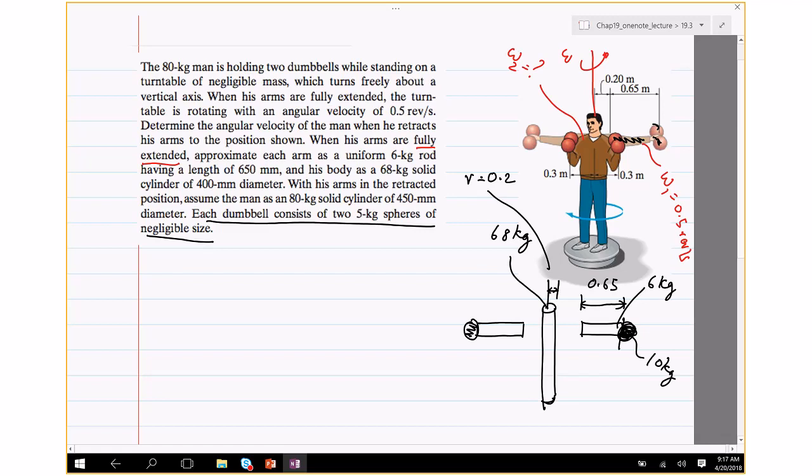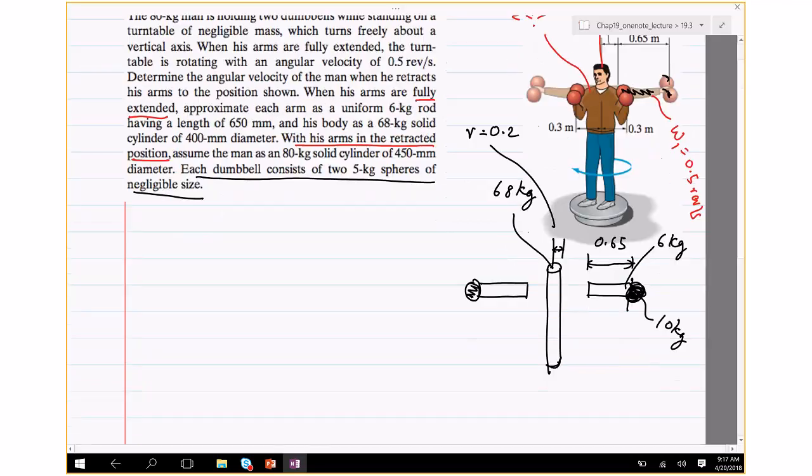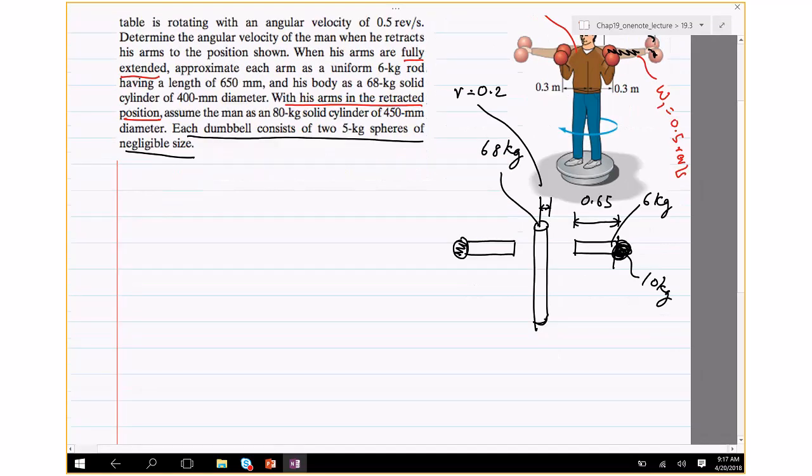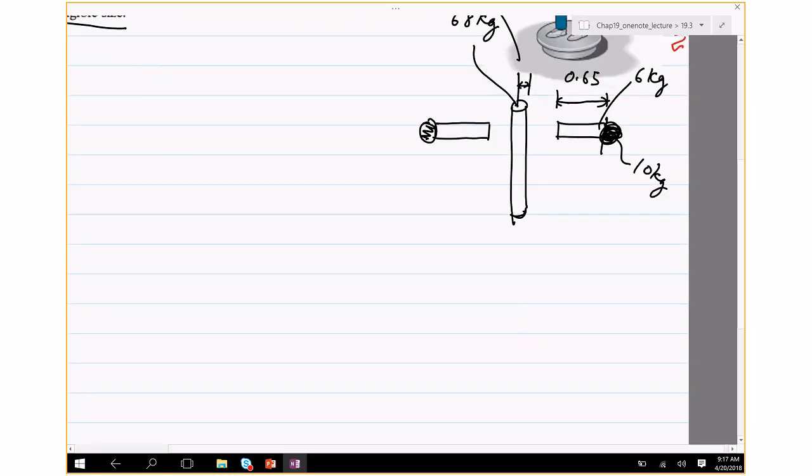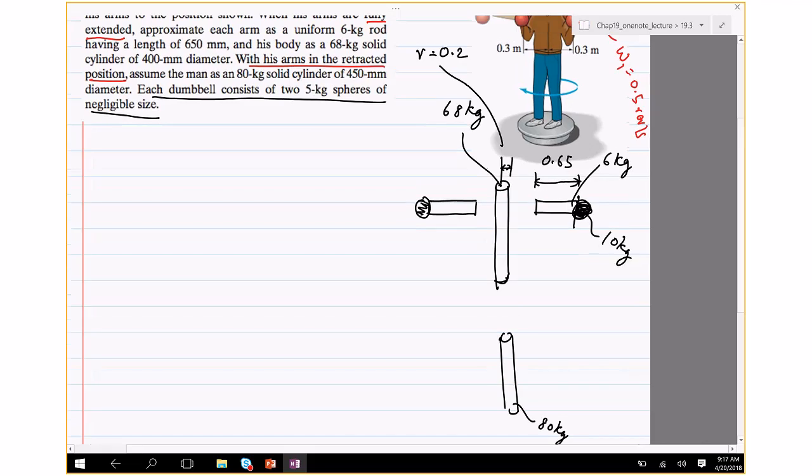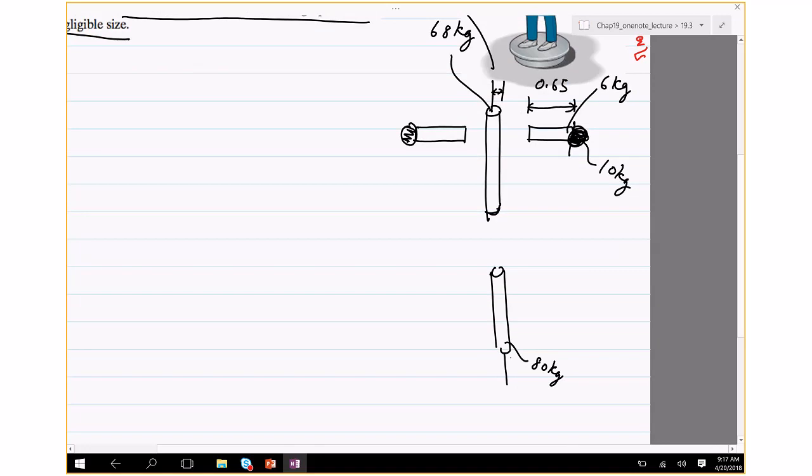Okay, that's what happens when the arms are fully extended. When the arms are retracted, assume the man is an 80 kg solid cylinder. So the axis remains the same. 80 kg cylinder of 450 mm diameter. So the radius is half of 450, which is 0.225 meters.